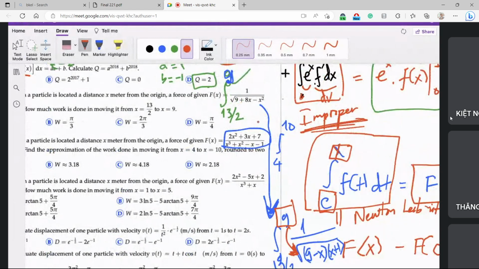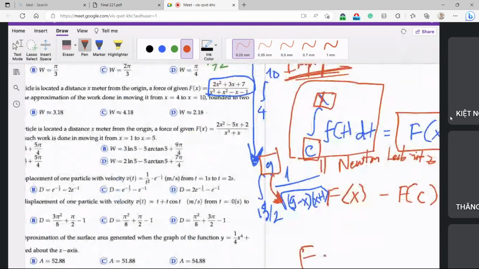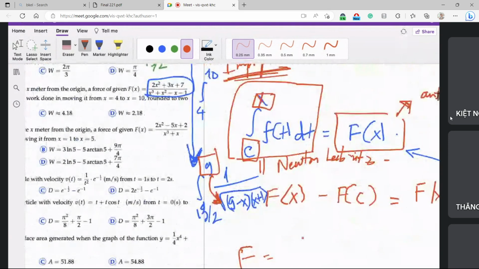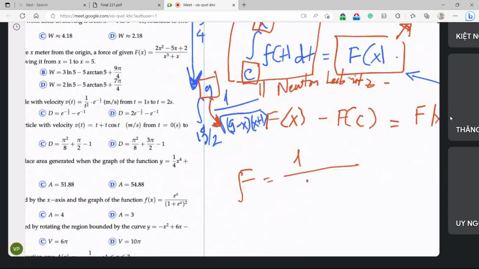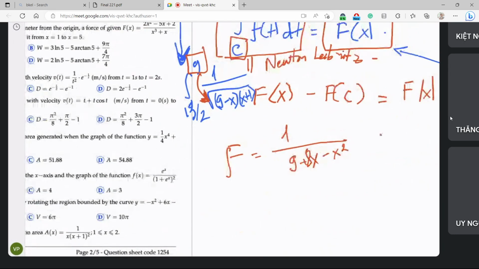But pay attention, class. If I change the question a little bit here, I don't use this function, but I use 1 over 9 plus ax minus x squared in moving from 13 over 2 to 13.